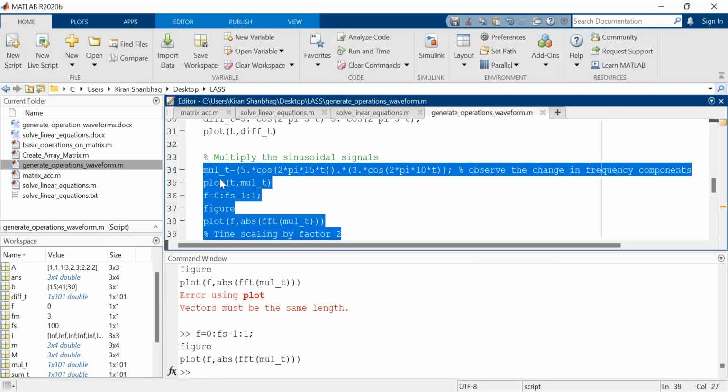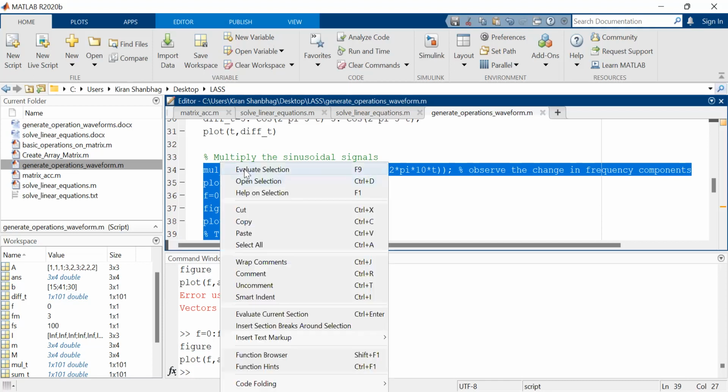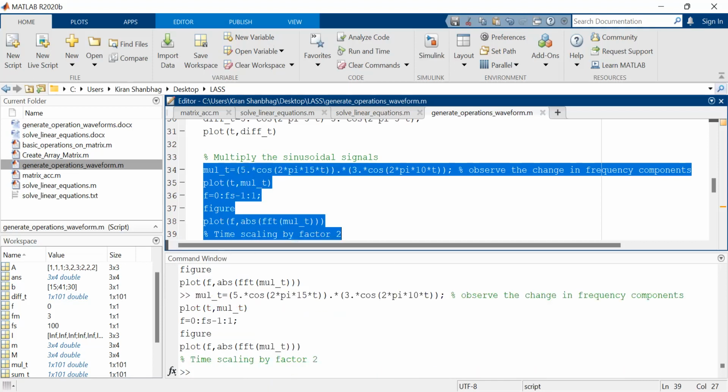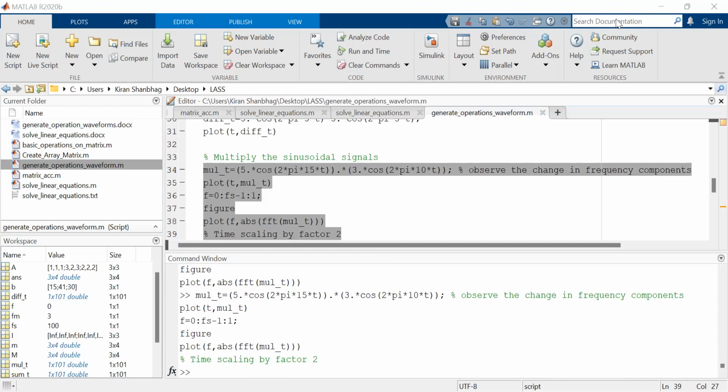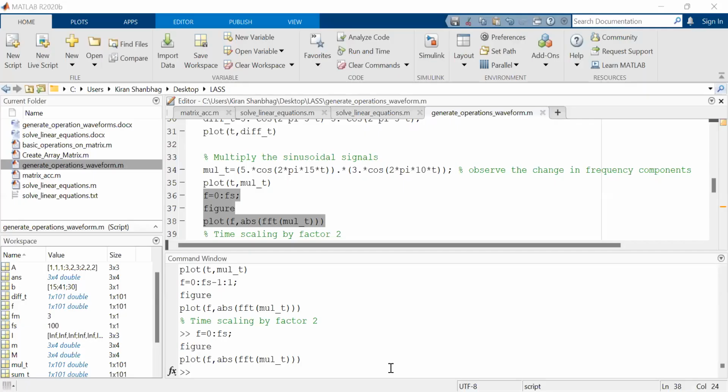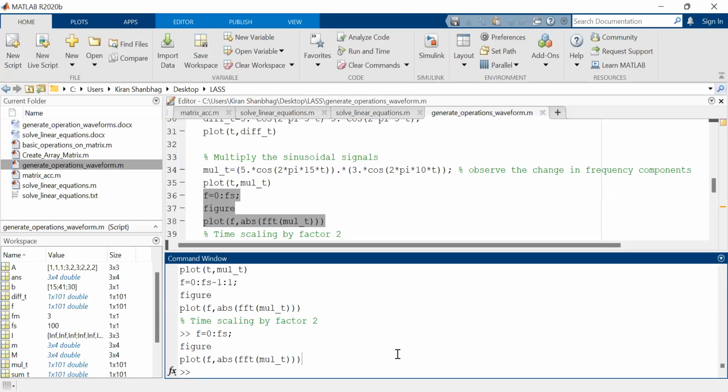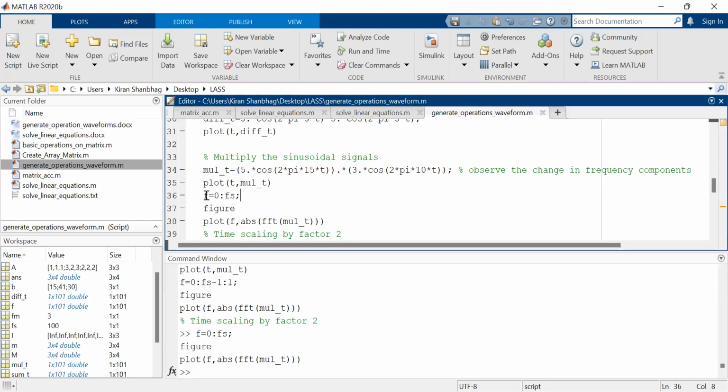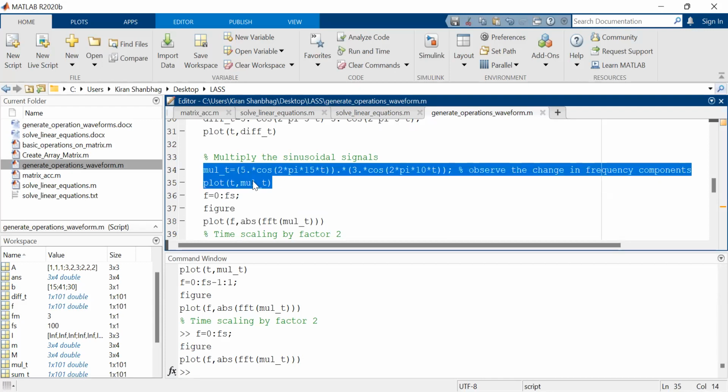Evaluate selection. Okay, so I made a change here. There was a bug. So frequency should transform 0 to fs. I have defined an axis. Now let me run this particular line. So I have shown you how the multiplication looks like. It was not making any sense.